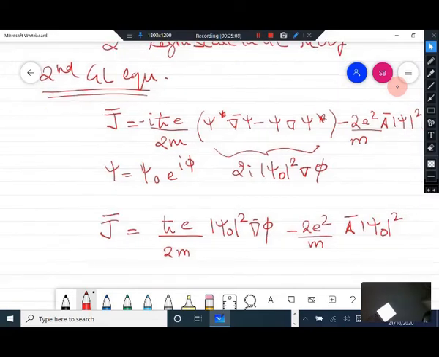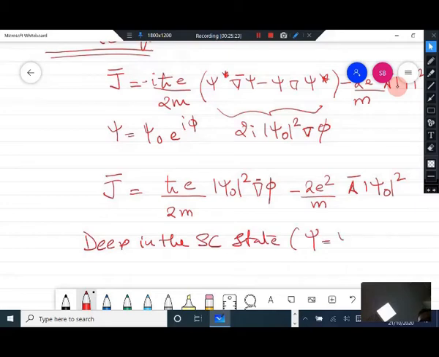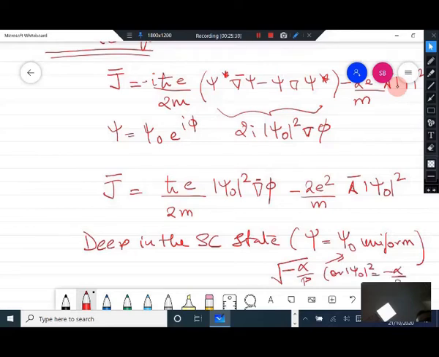Okay, now what you have here is, so far away deep inside the superconducting state, where psi is equal to psi naught and uniform, this is the equilibrium value of minus alpha by beta, or mod of psi naught square is equal to minus alpha by beta.